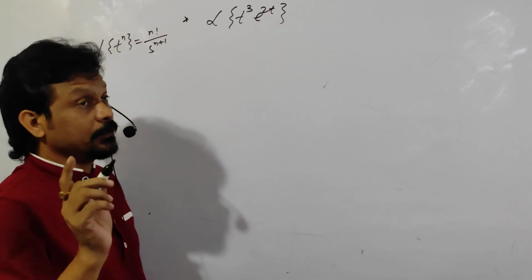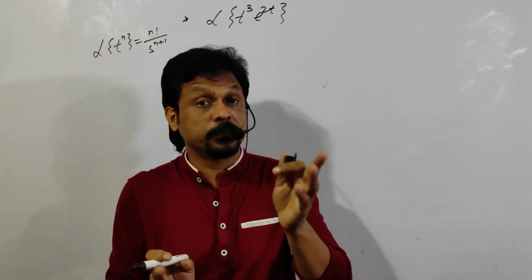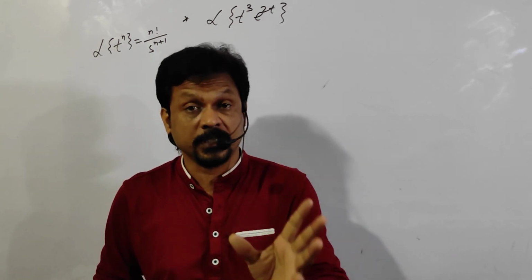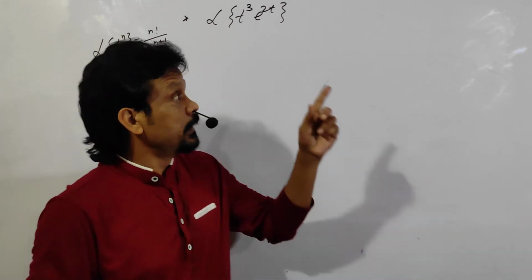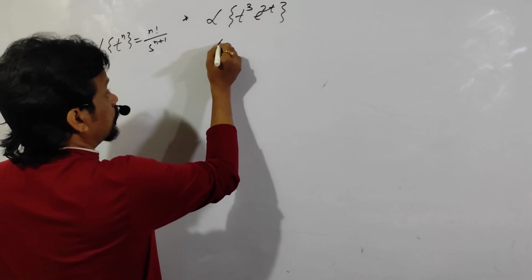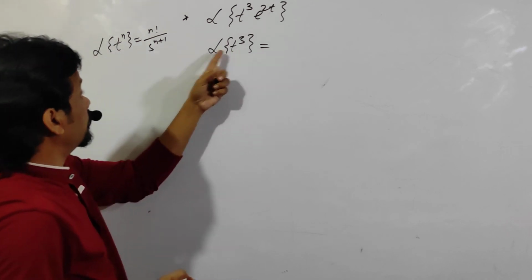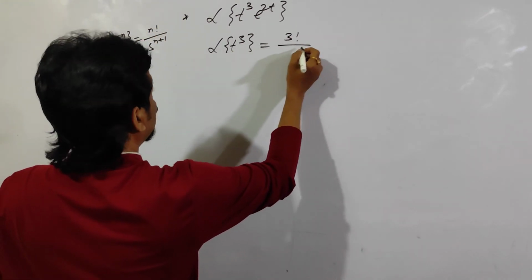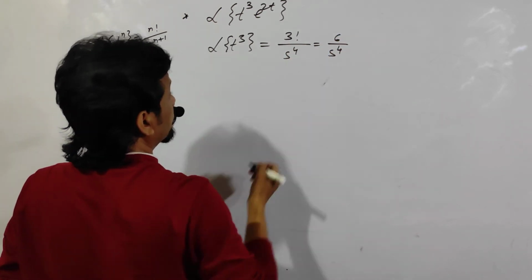So see here, you should find out the Laplace transformation of the function which is multiplied with the exponential function. Here, t to the power 3 is multiplied with the exponential function. So Laplace of t cube means factorial 3 divided by s to the power 4. That means 6 by s to the power 4.